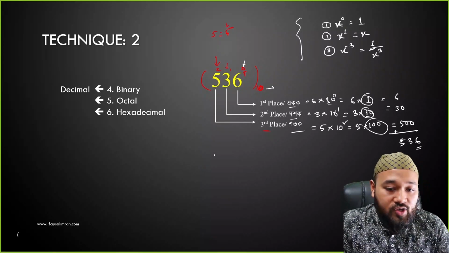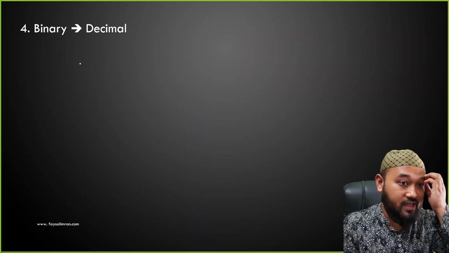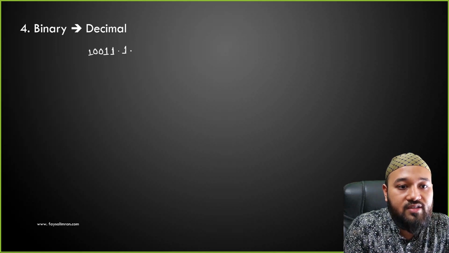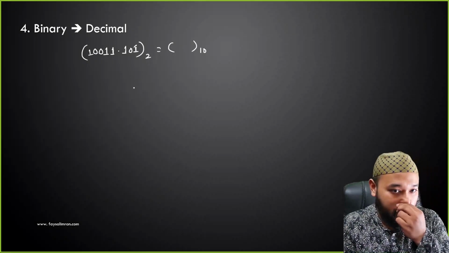Okay, so going on to converting binary to decimal, let's take the number 10011.101. This is a binary number, we need to convert it to a decimal number system. So how can we convert this?